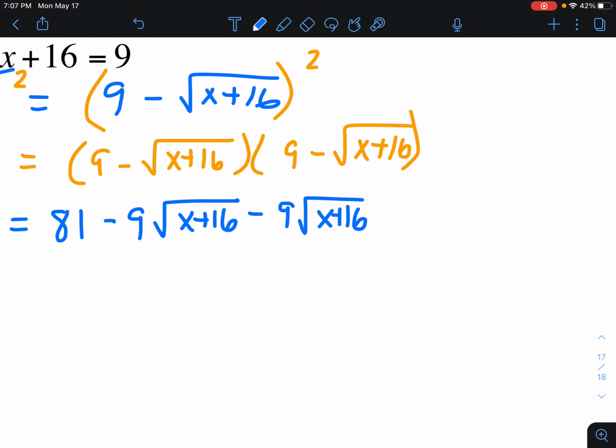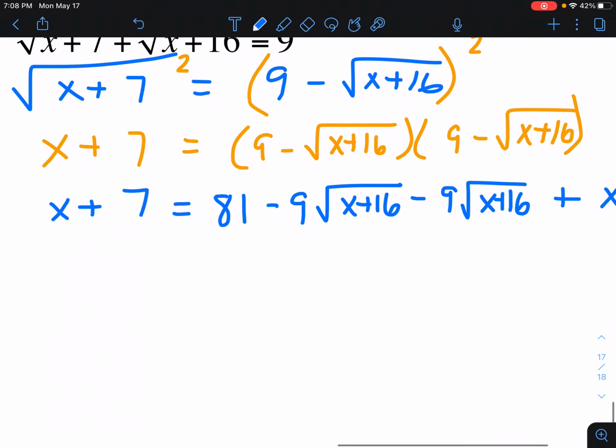It's negative times a negative, which is a positive, and then square root of x plus 16 times the square root of x plus 16 is just x plus 16. Remember, you just drop the radical when you have the same square root multiplying by itself.